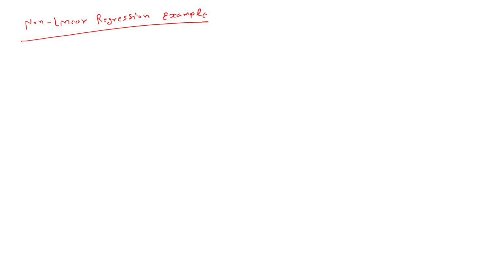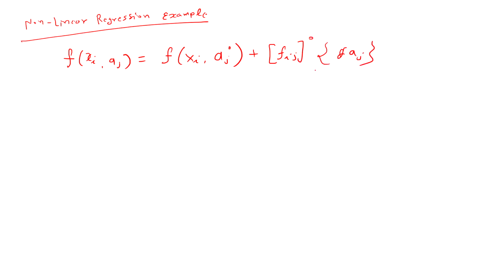So from the last video, if I repeat what we did, we had that f of xi, aj is nothing but f of xi, aj0 plus fij0 times delta aj. So this is basically the data points, which is given.